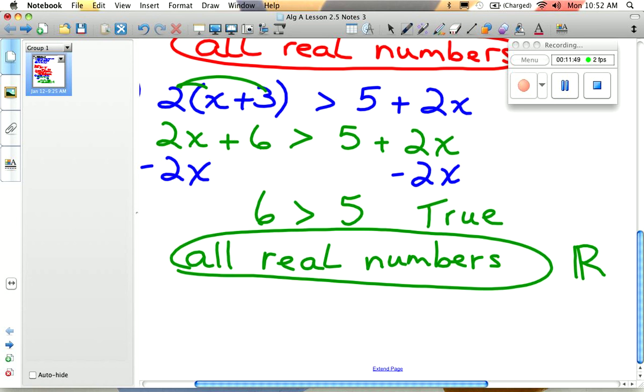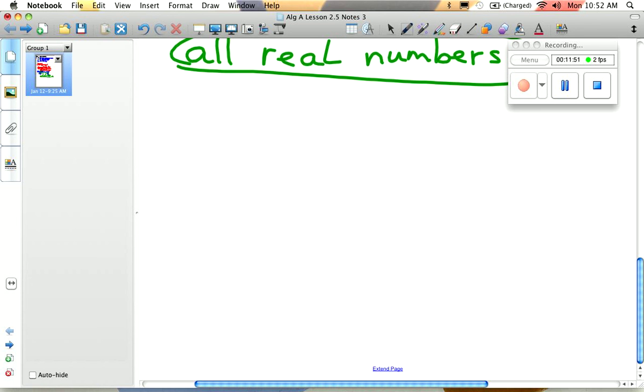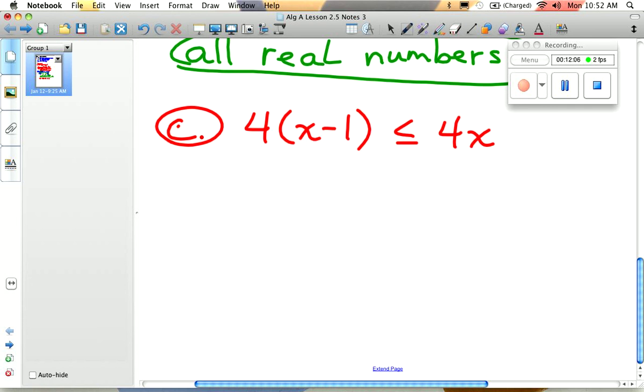Okay, I'm going to give you one to try on your own here, and let's see what happens with it. So, C, a third problem under 1. 4 times, in parentheses, x minus 1 is less than or equal to 4x minus 4. Go ahead and solve that and see what happens.